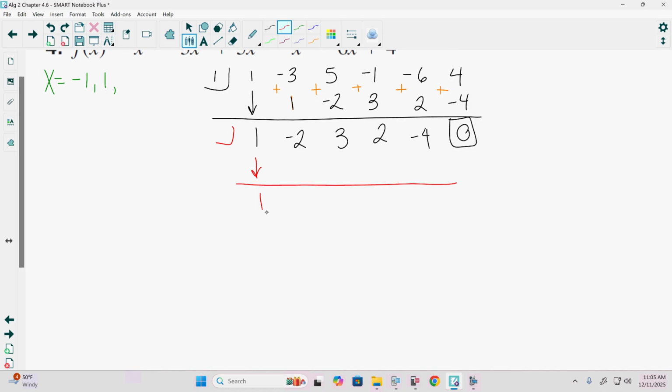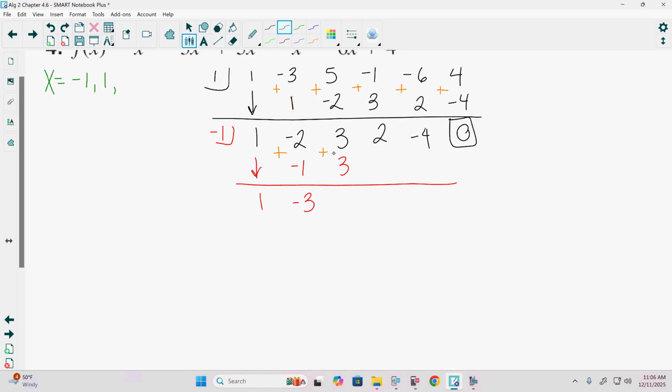Now, the next synthetic division we can do, we can move on and do negative 1 next. Or we can do 1. Either one works, or should work. We know negative 1 is going to work for sure. Negative 1 times 1 is negative 1. Negative 2 plus negative 1 is negative 3. Negative 1 times negative 3 is 3.